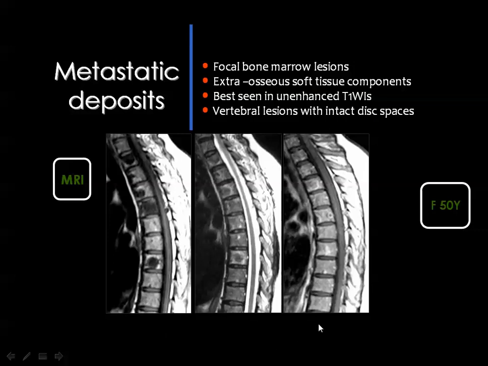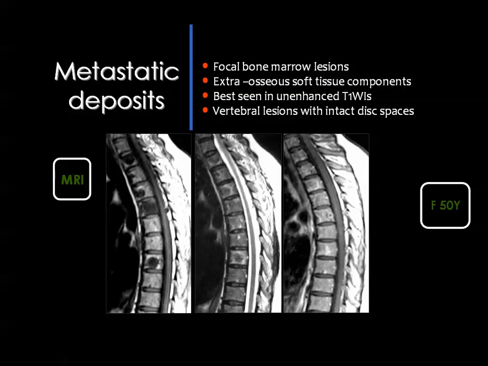Also, if you inject contrast, then metastatic deposits will enhance, and whenever they enhance, they will have a bright signal which will be masked by the bright signal of the fat in the vertebral body.